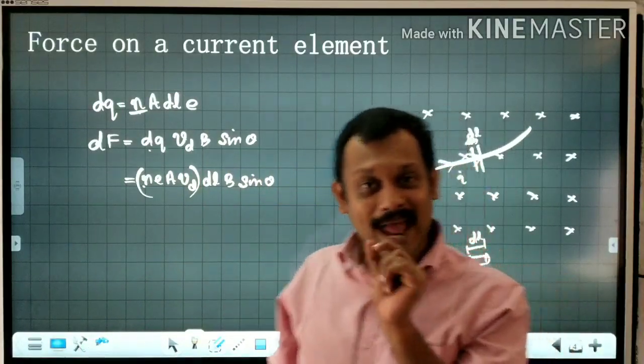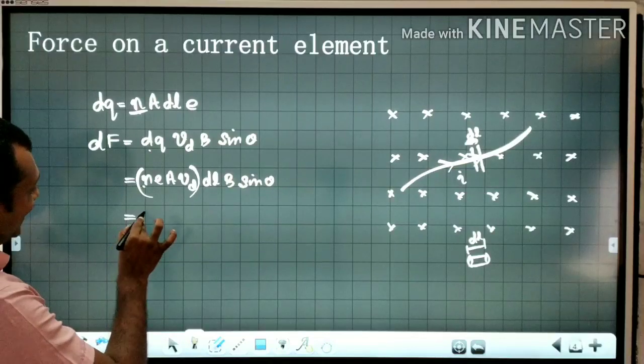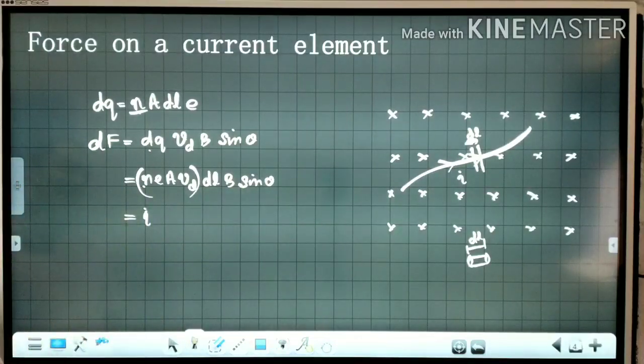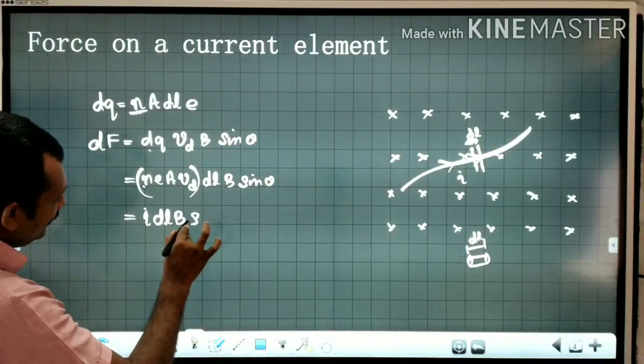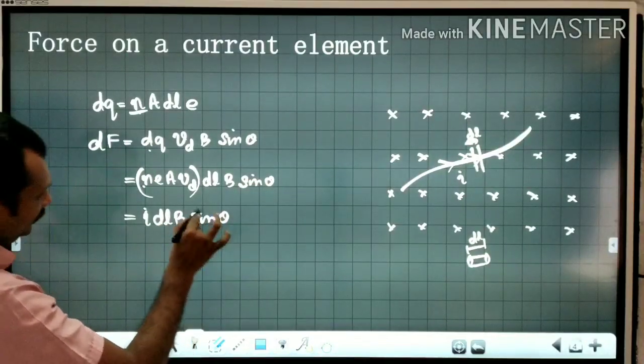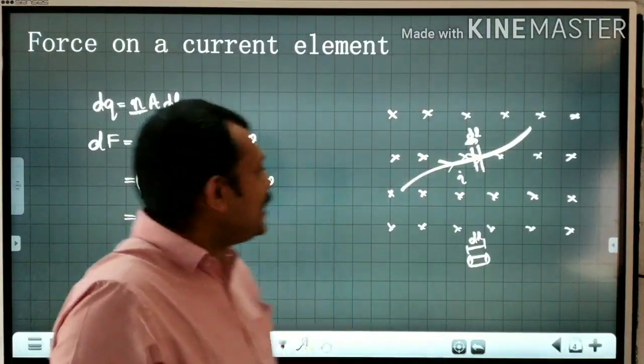What is the term in the bracket? Tell me please. It is the electric current I. This is I dl B sin theta.